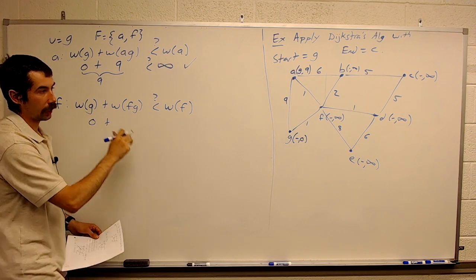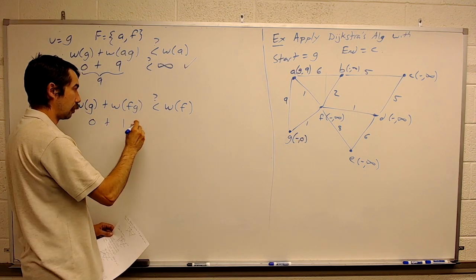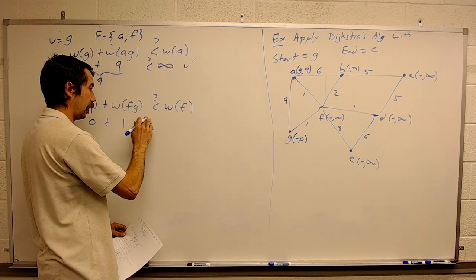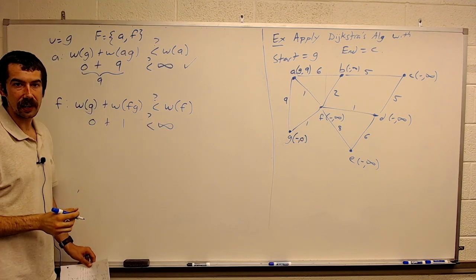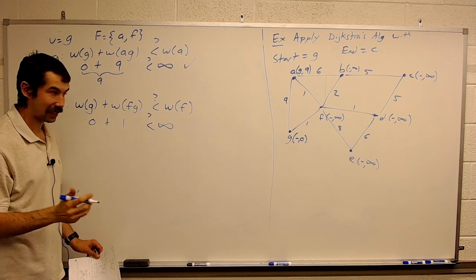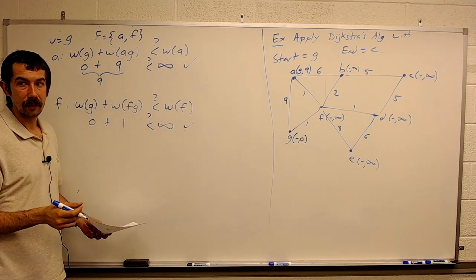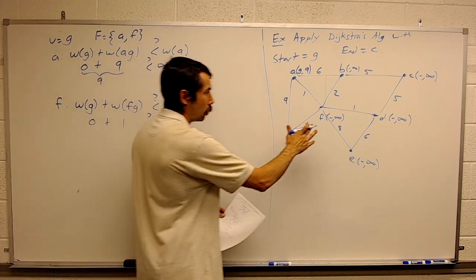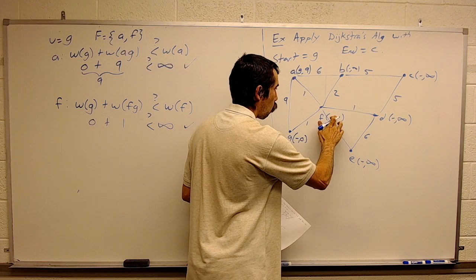The weight of FG, that's this edge, it's 1. Is it the case that 0 plus 1 is less than infinity? Yes. Okay, so we update the label from dash infinity to G1.